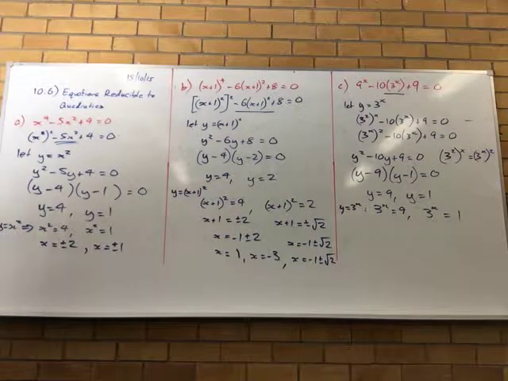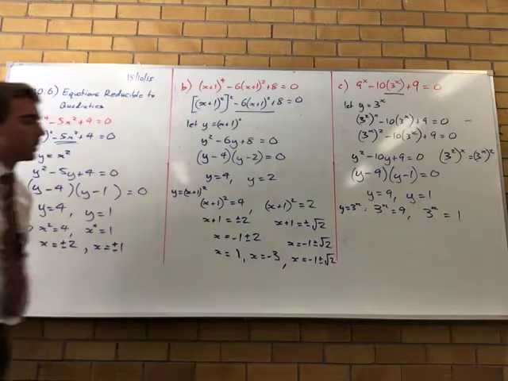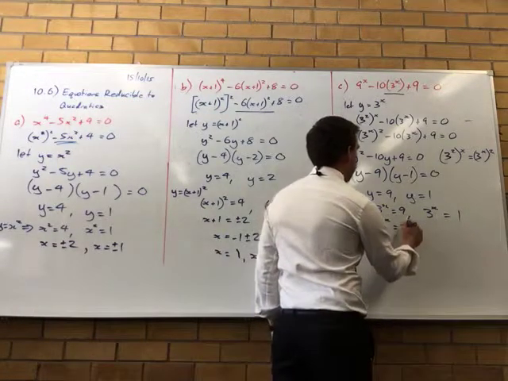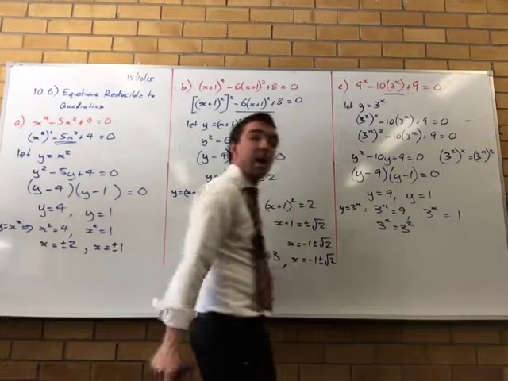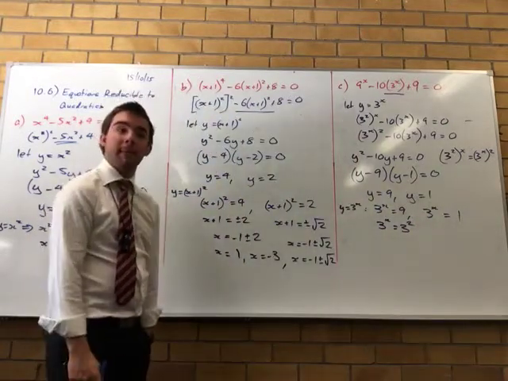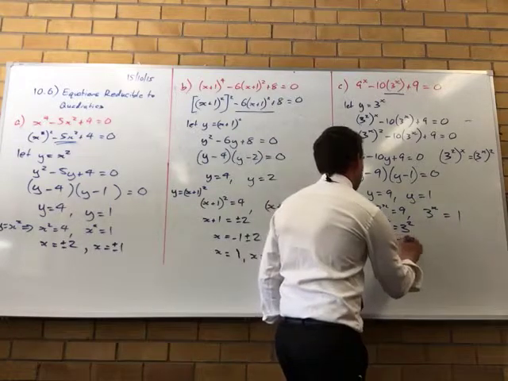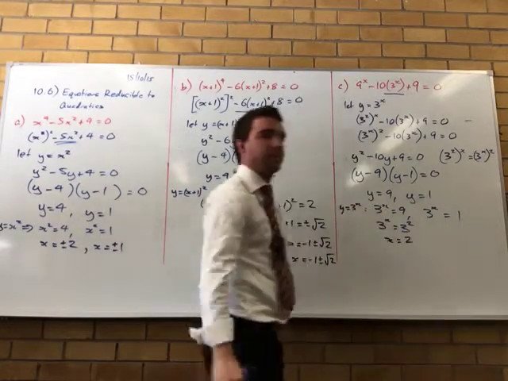Three to the power of what equals 9? 2. Okay, so in other words, 3 to the x, if we make it the same base, the powers must be equal. Okay, so I've already written 9 as 3 squared, so x is 2.